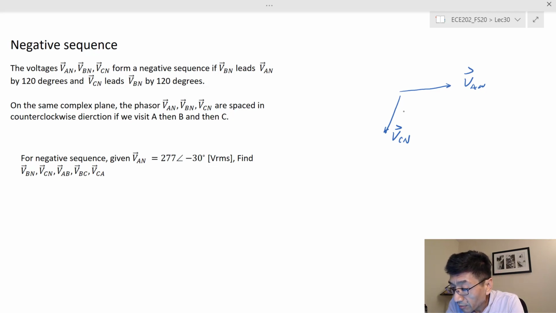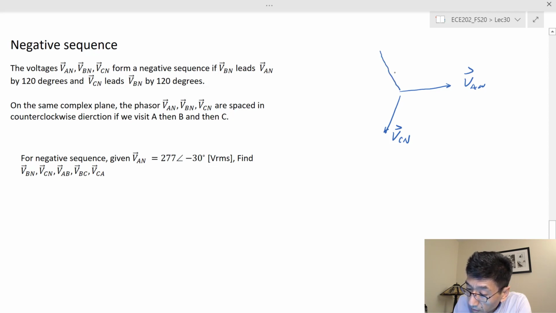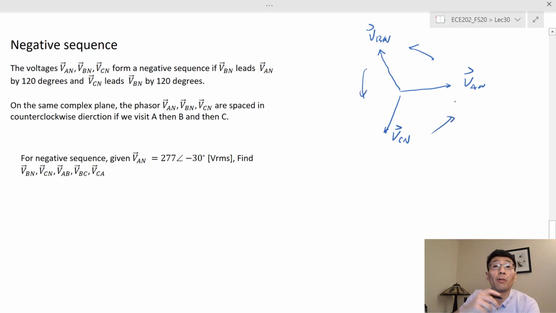VCN is lagging VAN by 120, or VAN is leading VCN by 120, right? So this is the VBN. And if you travel this to the three-phase from A to B to C, you are traveling counterclockwise direction. So therefore, this is the negative sequence.